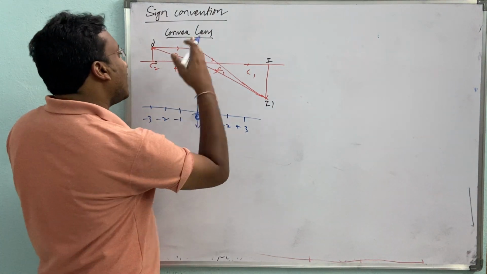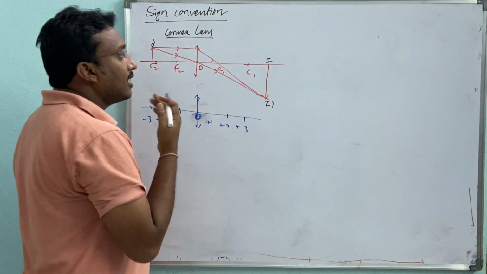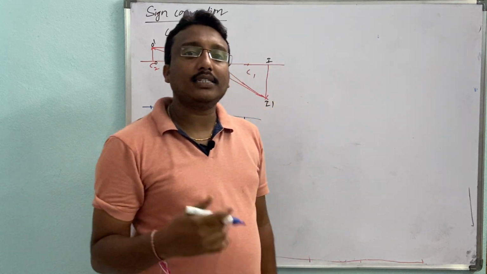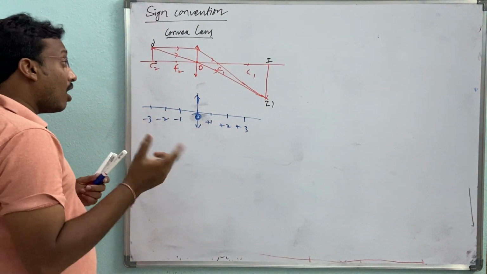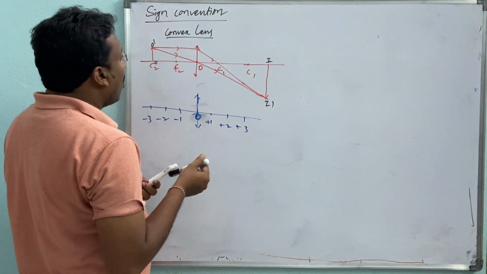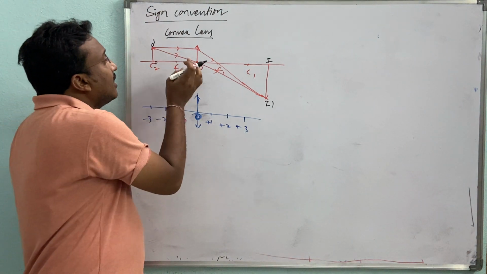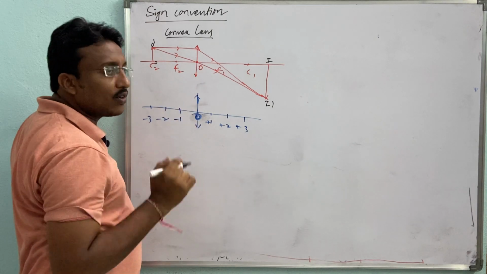So the measurements which are present on the right side of a given lens will all be taken as positive. The left side we have to take as negative. Okay, or otherwise we have one more method. What is it? All the measurements we have to measure from the optic center. This is the first rule.